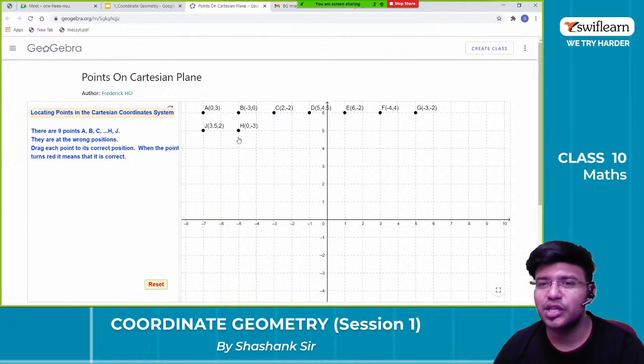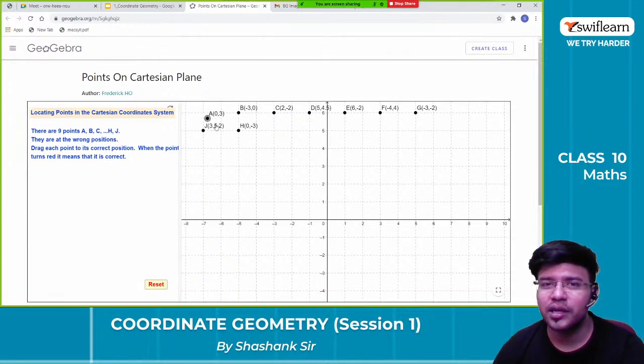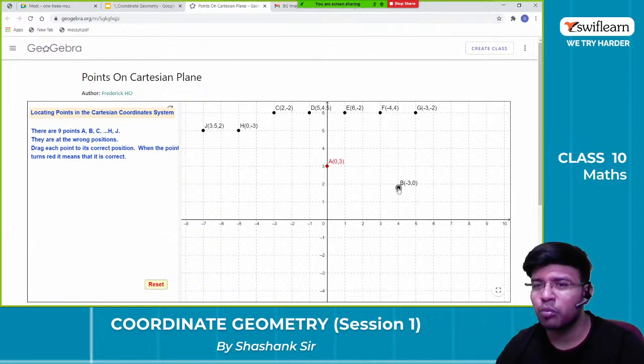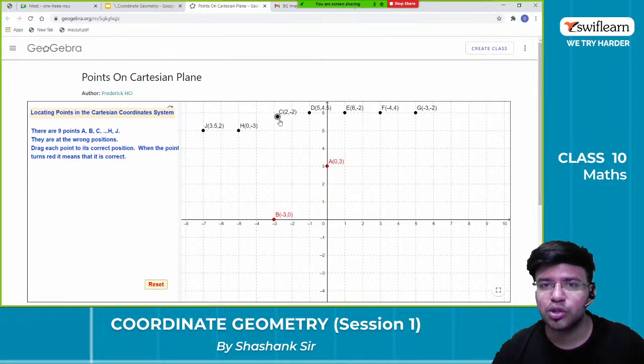First one, A (0, 3). X coordinate is 0, Y coordinate is 3. What about the next one? X coordinate is minus 3, on your left side the X coordinate will be negative. And Y is 0. So this is the place. Next coordinate (2, minus 2).